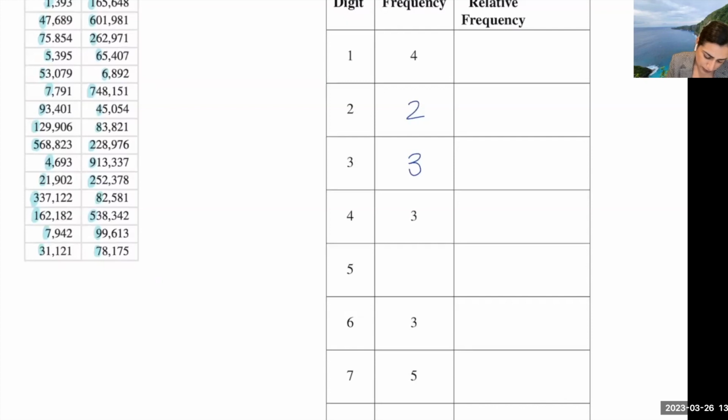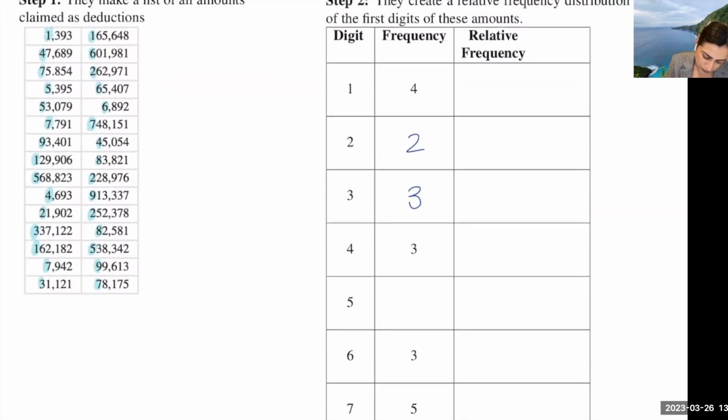Now we're going to look for which amounts start with the digit 5. And so we have 1, 2, 3, 4. So it looks like we have 4 that start with a 5.